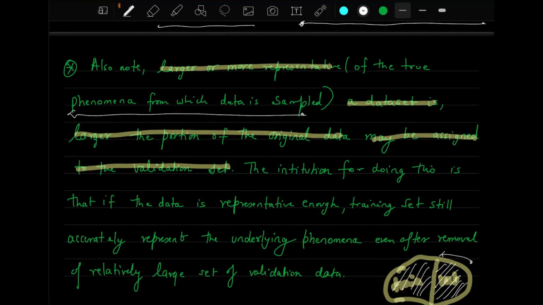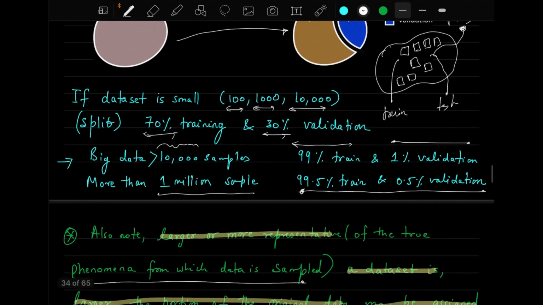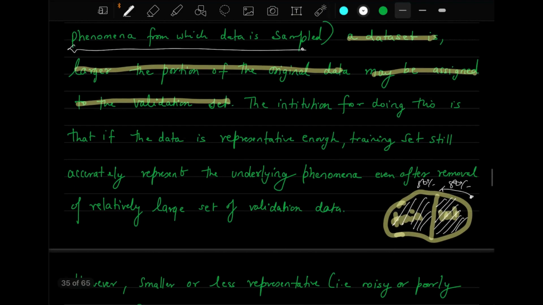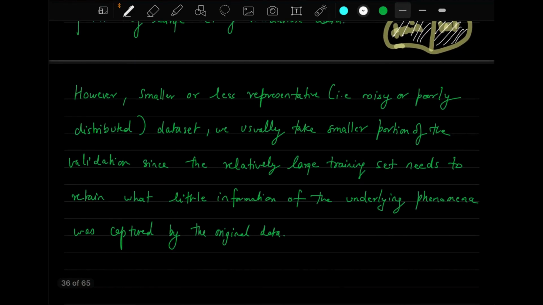Earlier I was saying 70-30, you can take 50-50 also, if this is the situation. But if that is not the situation, then you have to take a very small validation data set, not a large one.